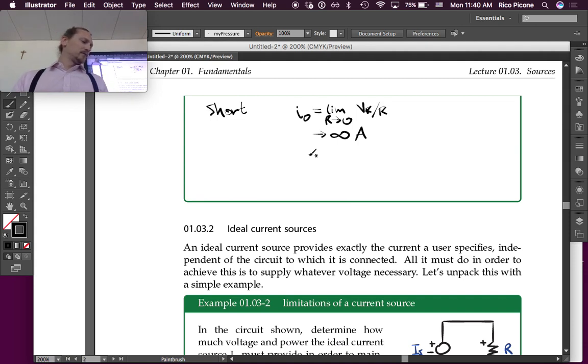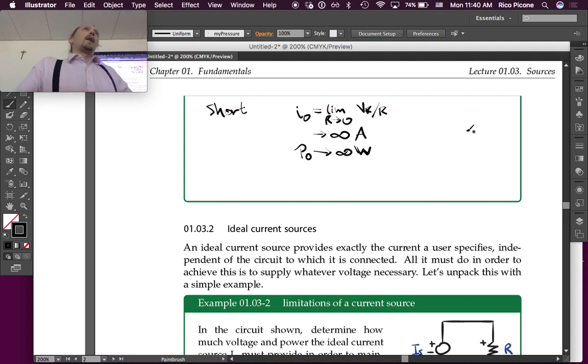Okay, so what about the power then? What happens to the power with zero resistance? Yeah, so the power also approaches infinity. Infinity watts, also not bad. So that's bad news, right? Because we know we can't actually do that.